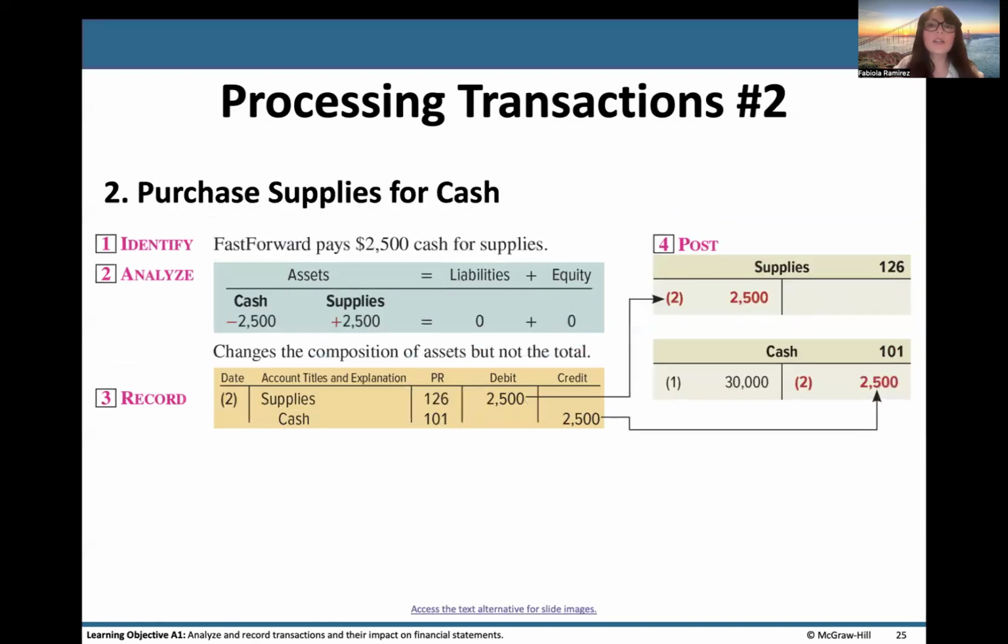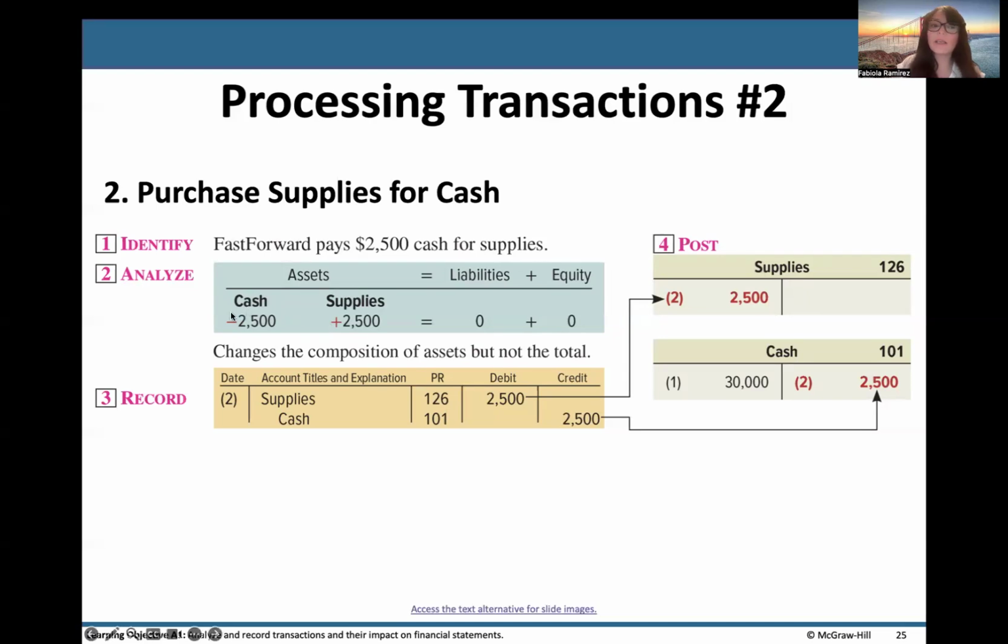Okay, so here in transaction number 2, we purchase supplies for cash. So step 1 would be to identify the transaction. Fast Forward pays $2,500 cash for supplies. Step 2 would be to analyze the transaction. You know that both cash and supplies are asset accounts.